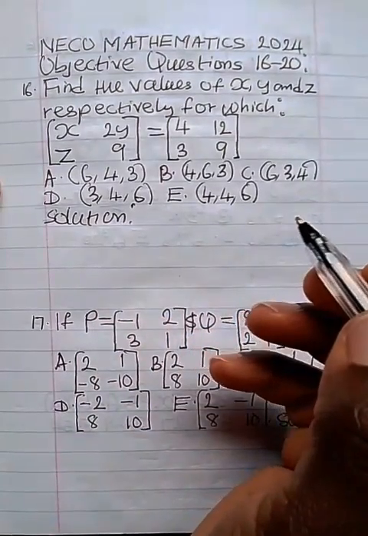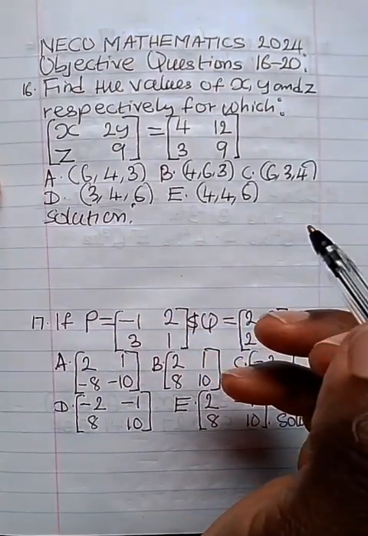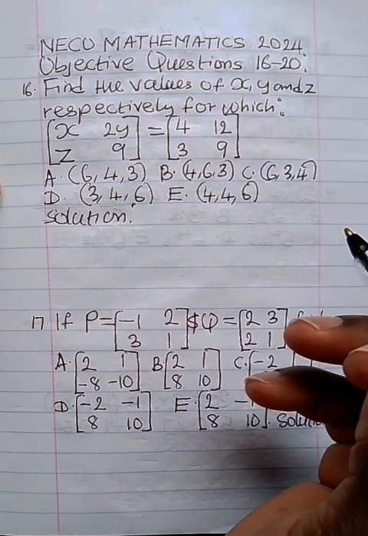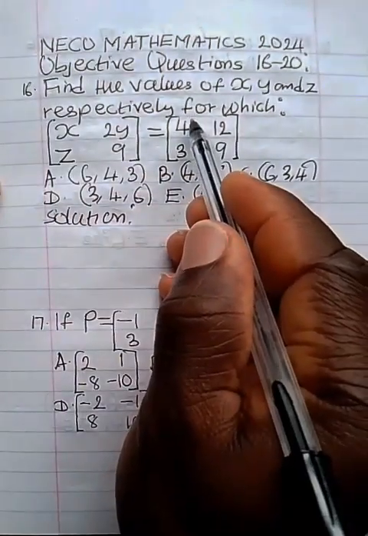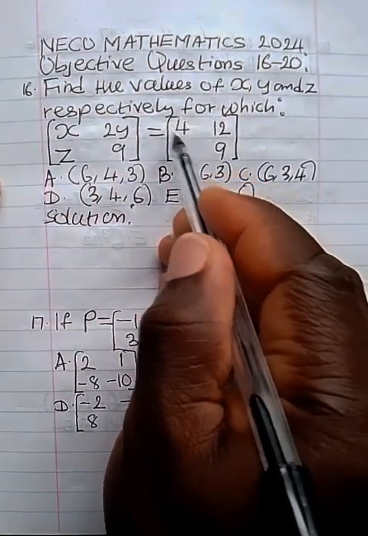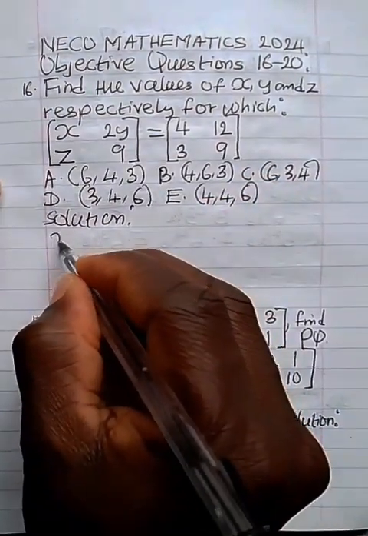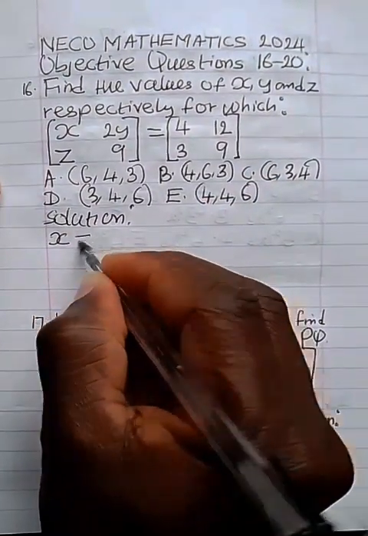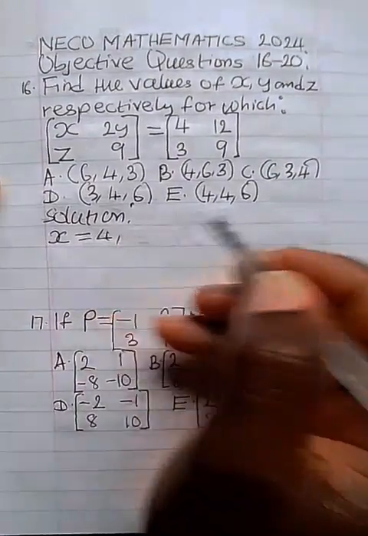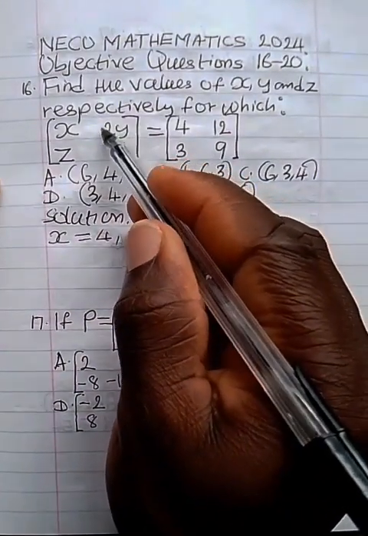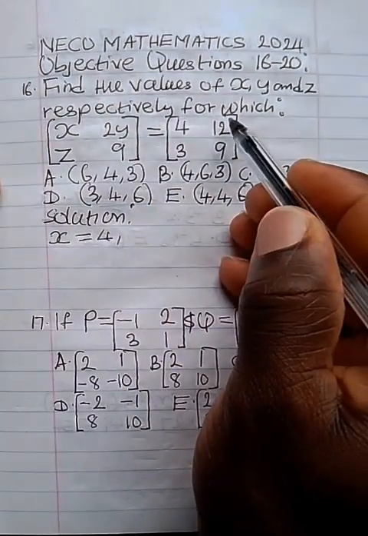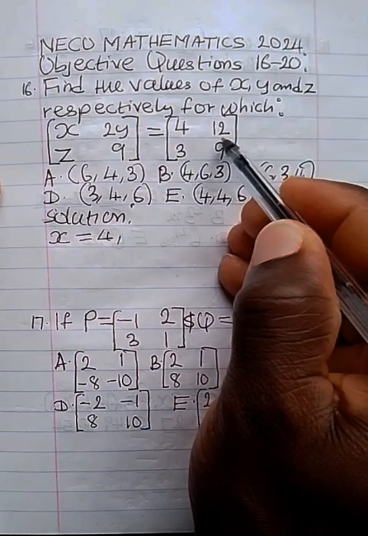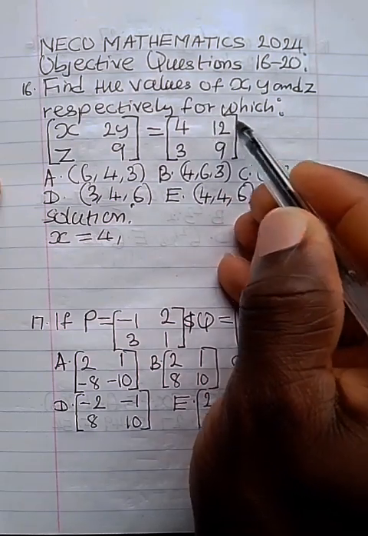Here we simply apply the equality of matrices, whereby the first entry here is equal to the first entry here. That is, S is equal to 4. Then the second entry in the first row is equal to the second entry in the first row here.